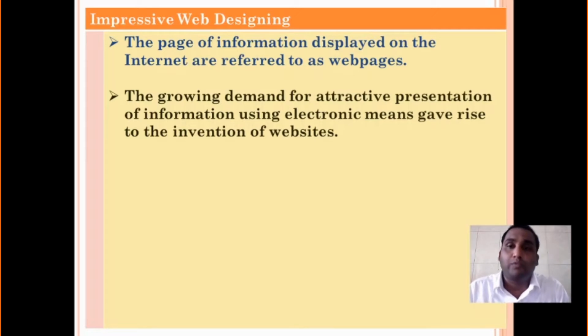The pages of information displayed on the internet, which are referred to as web pages, have an attractive presentation in itself, and the growing demand for this attractive presentation of information gives rise to developing, making good web pages, and ultimately a combination of the web pages makes a good website.